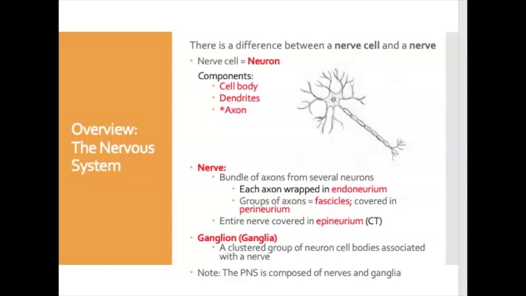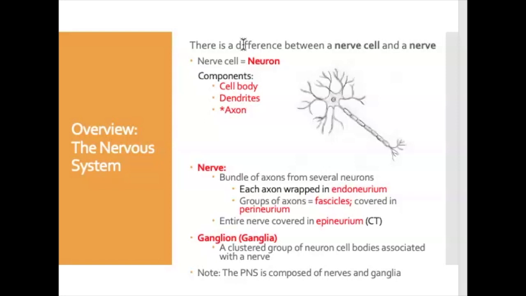When we think about nerve cells, or the primary cells of the nervous system, we're talking about neurons. A nerve is something very different compared to a nerve cell or a neuron.